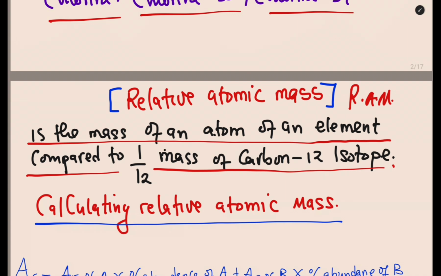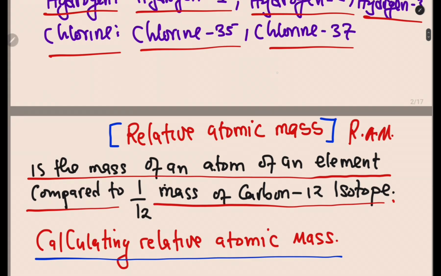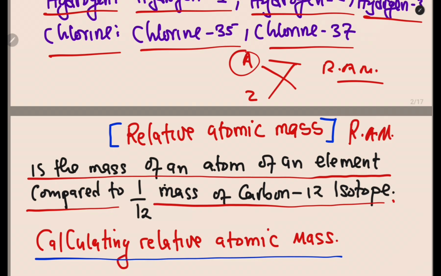So for all the elements that you find on the periodic table, let's say an element X, on top there's A, then there's Z. This is just general. This number on top is what we call relative atomic mass, and this is the atomic number down. All those are compared to 1/12 mass of carbon 12.